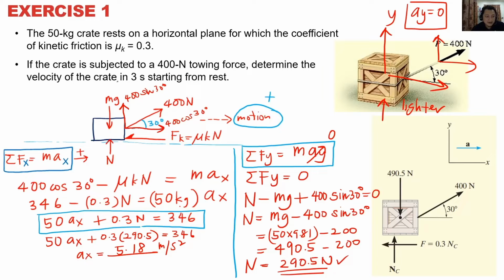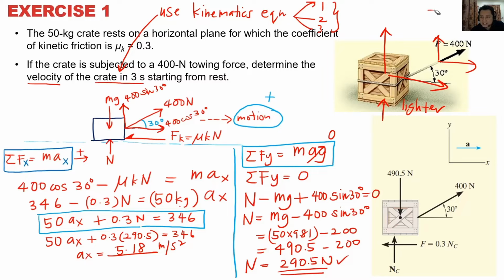If we want to find the velocity in 3 seconds, what do you do? You need to use the kinematics equations. There are 3 kinematics equations. These 3 equations are used for constant acceleration.